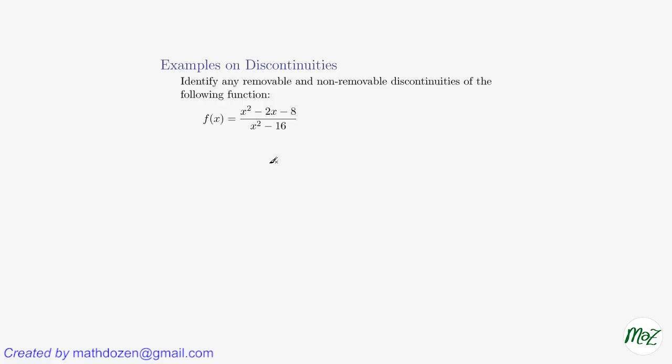So we have this function f of x. It's a rational function. So it will be continuous on its domain. For the domain, we set x squared minus 16 equals 0.